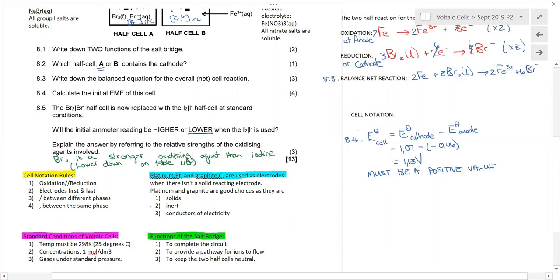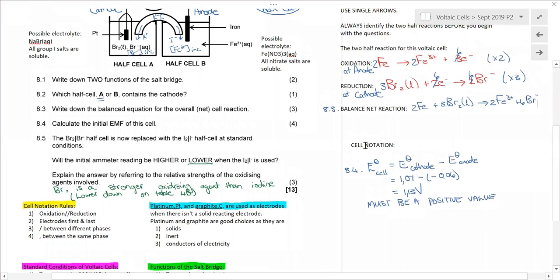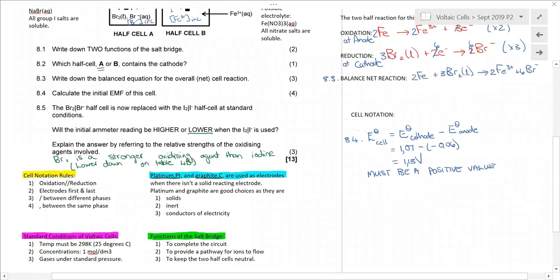Now, the last thing I still need to do here is write the cell notation for the cell, which was not asked. The cell notation has a few rules. Here they are with a yellow highlight. You always put oxidation first, then the double line to represent the salt bridge, and then the reduction.